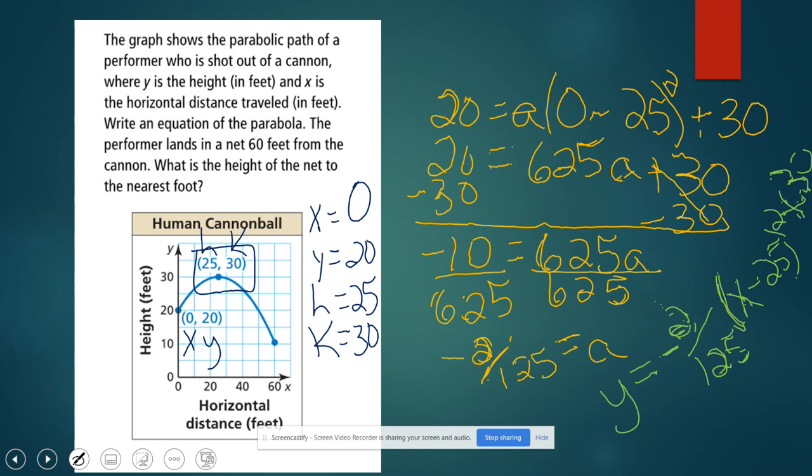I'm running out of room over there. And that'll be my final equation.